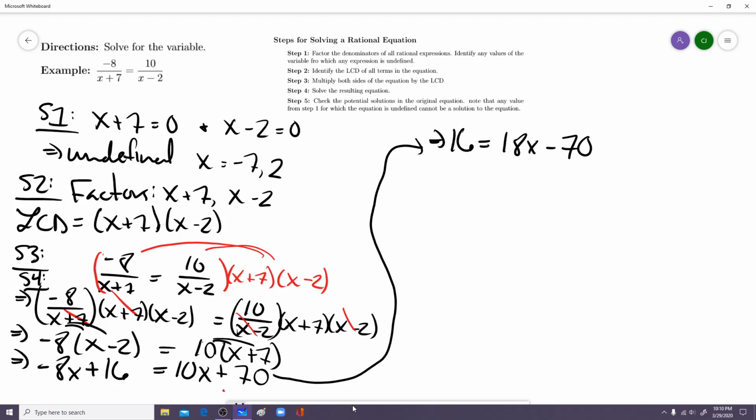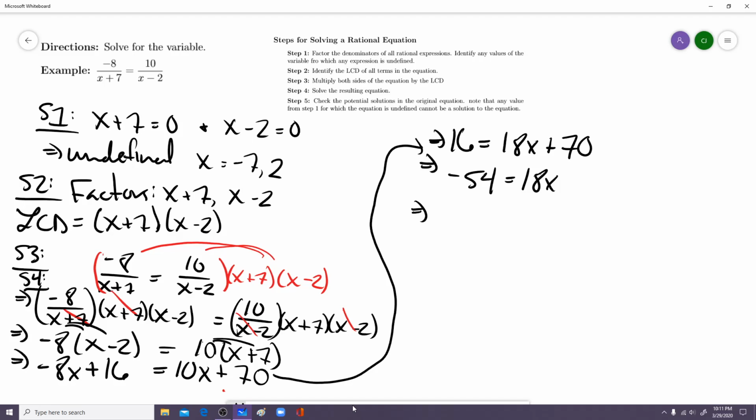Right, so it's supposed to be 10x plus 70, so let's change this to a plus. Right, and then now I'm going to move the 70 over. When I do that, I will get negative 54, which is equal to 18x, because 70 minus 16 is 54. If we subtract 70 from both sides, the negative is bigger, so it's negative 54.